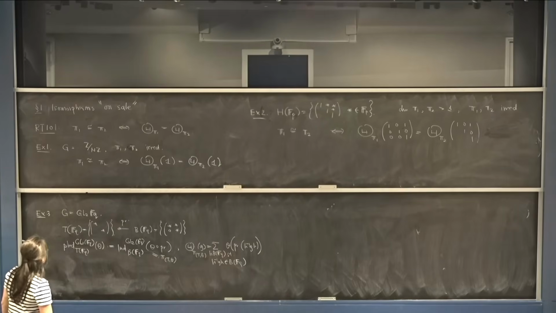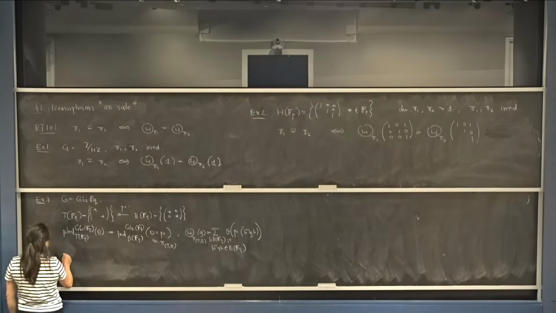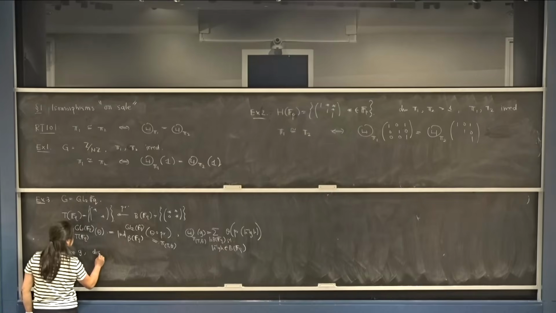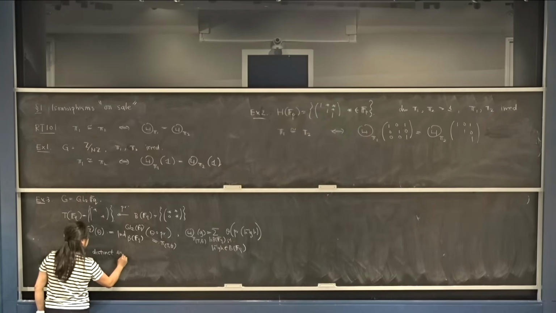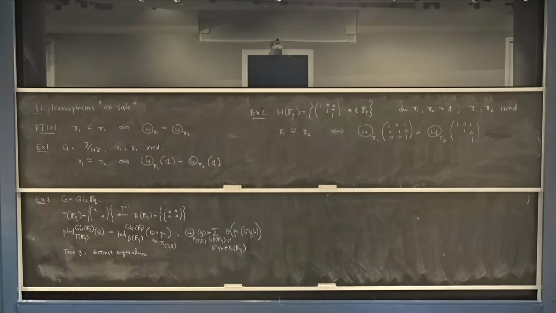So let me specialize to a setting where the formula looks very easy to digest. Take g with distinct eigenvalues, in other words, take g to be regular semisimple. Now I take a 2 by 2 matrix with coefficients in FQ. Its characteristic polynomial is a degree 2 polynomial with coefficients in FQ.